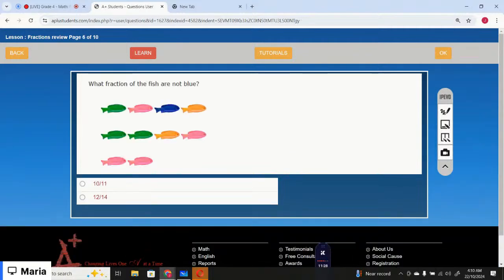What fraction of the fish are not blue? Which is the correct option?